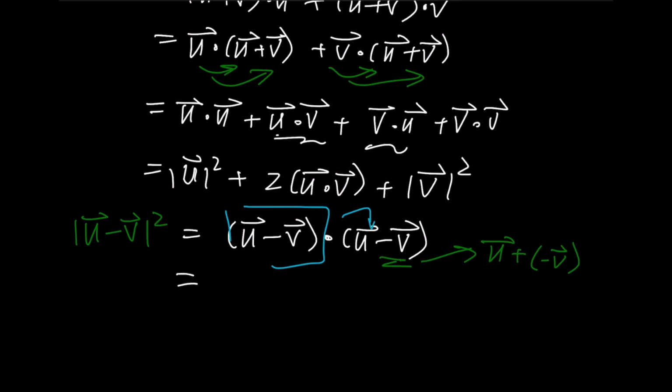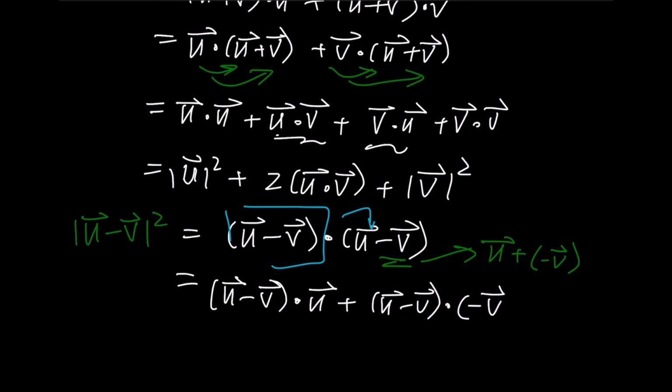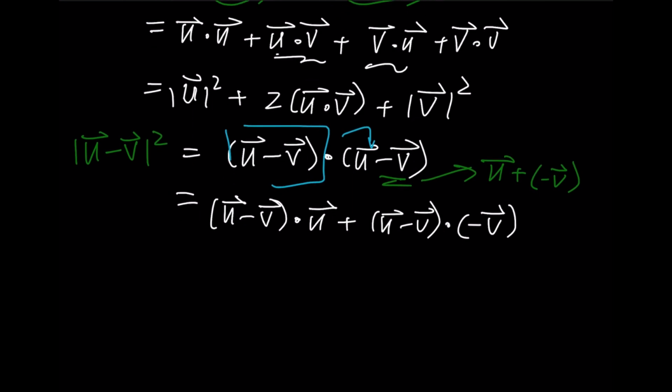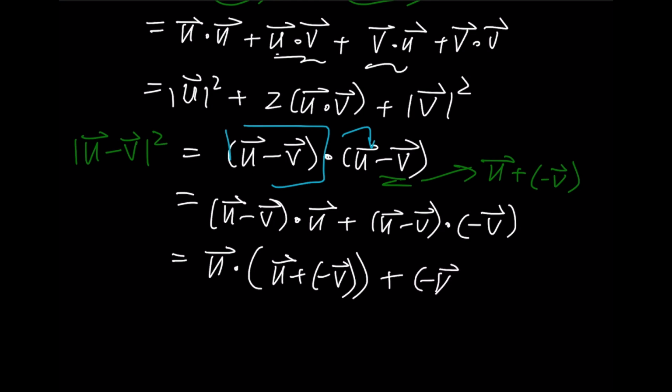So we'll get u minus v dotted with u plus u minus v dotted with negative v. We can switch the order of this dot product. I'm going to write that second term as an addition with a negative v. This will be a negative v dotted into u plus negative v.